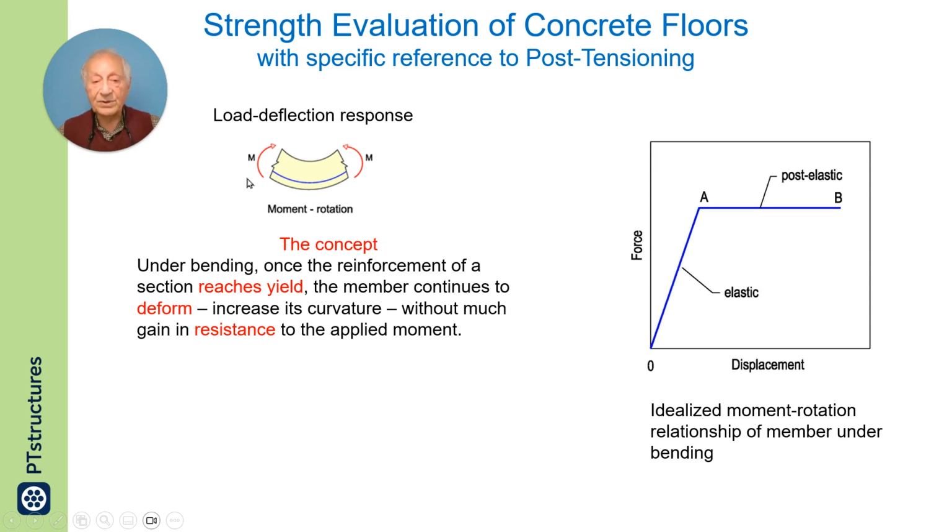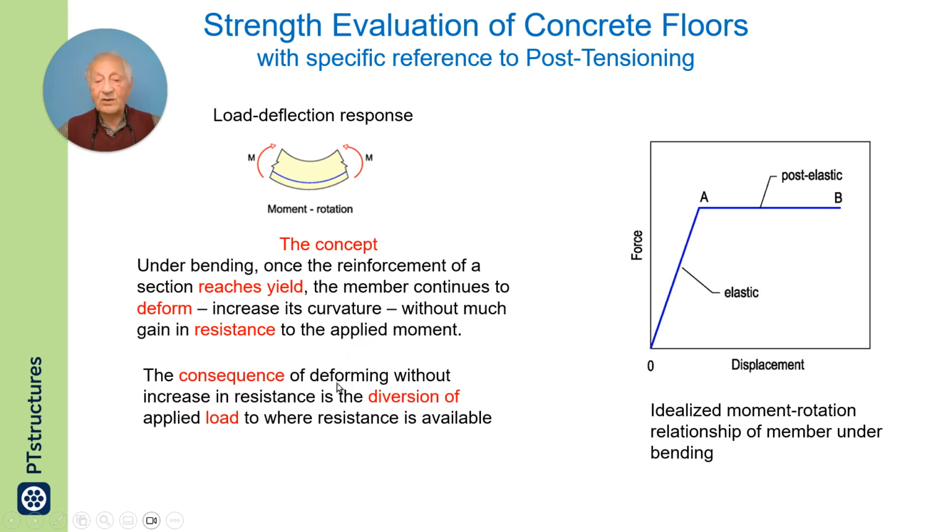If you have a member loaded with bending moment, initially you have this straight line, but once you reach a certain bending moment, then it is assumed that the deformation will be taking place, but there will be no gain in load. That is the concept explained here.